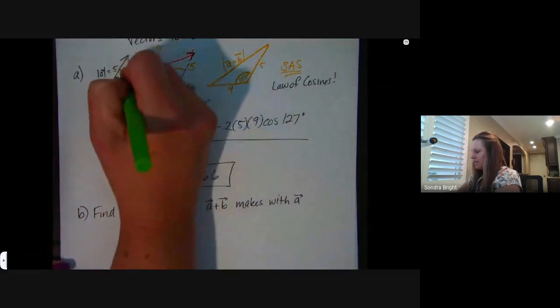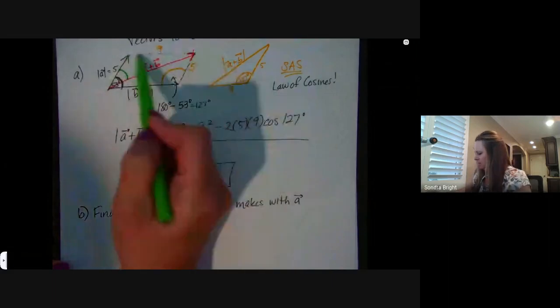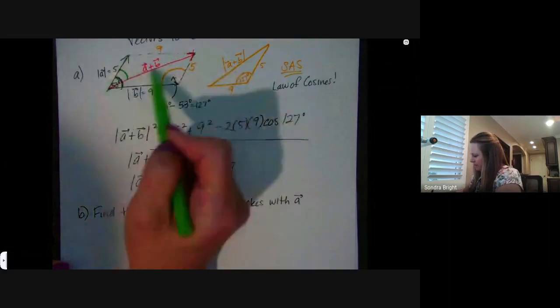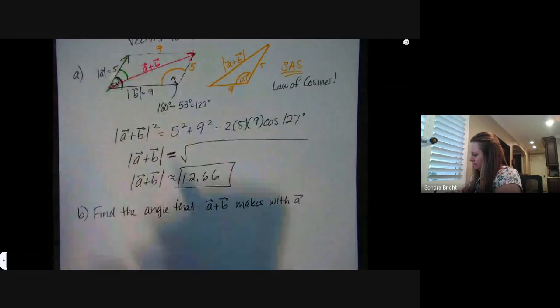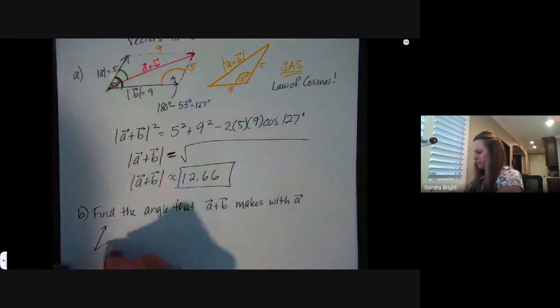And so now I'm looking at this triangle here. So let me redraw it. I would have A, and didn't really do that very well, did I? Let's try it again.